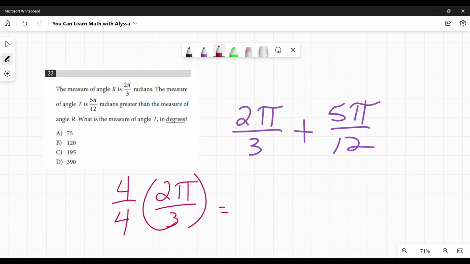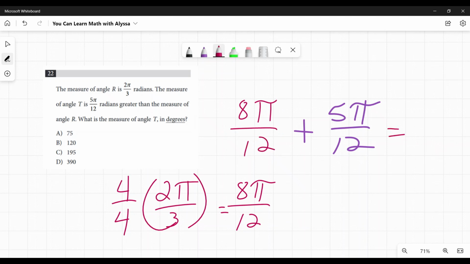So on top, that gives me 8 pi, and on the bottom I have my 12. So now I can add those. So 2 pi over 3 becomes 8 pi over 12. I add those together. 8 pi plus 5 pi is 13 pi over 12. So that's my first part done.